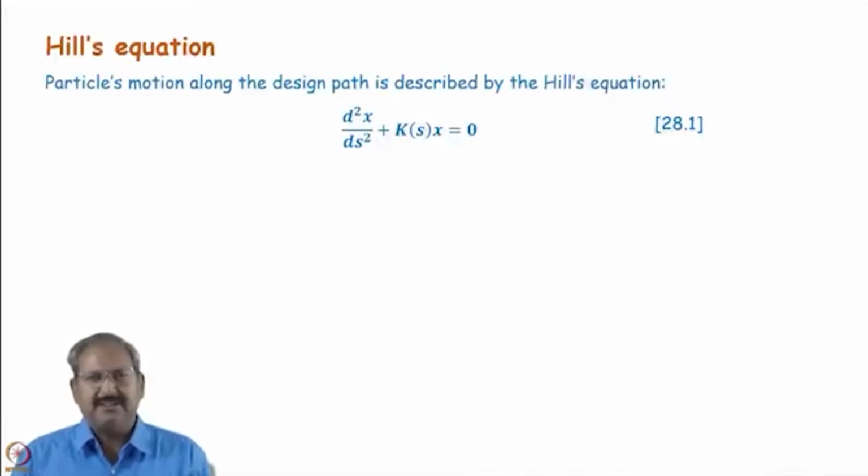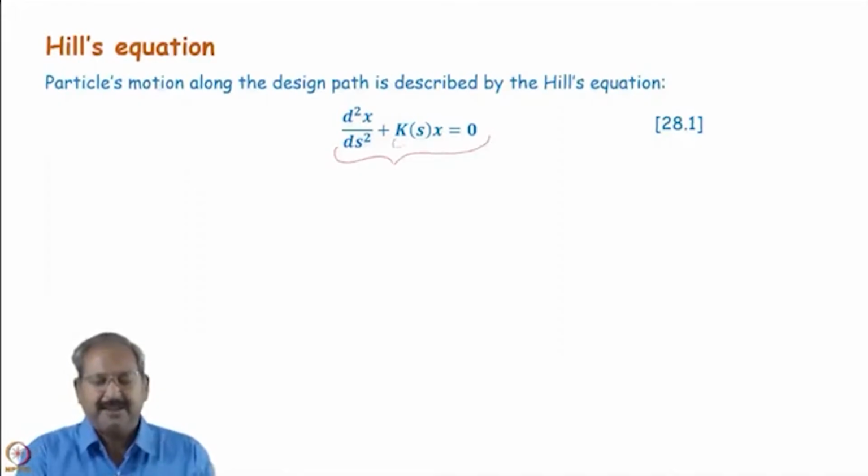What we did earlier, actually, we reduced this equation to the simple harmonic oscillator equation by keeping k constant in different elements. It means we divided the complete optics into pieces.